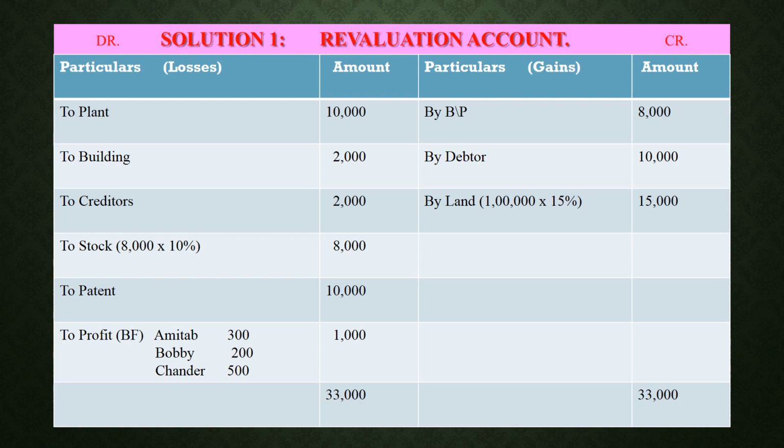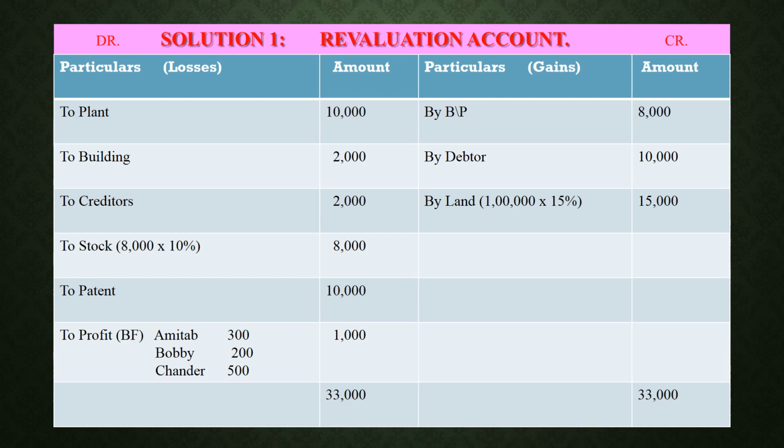Now we have to find the balancing figure. Credit side total exceeds the debit side. Therefore, difference will be profit. First of all, do the totaling of credit side. So credit side total is 33,000. Same total will be copied on debit side, 33,000 in the amount total column. Next, find the balancing figure.